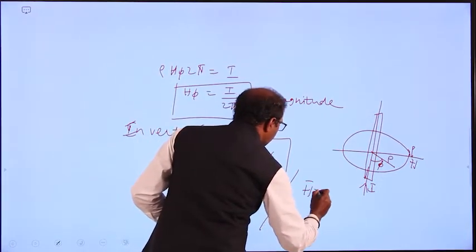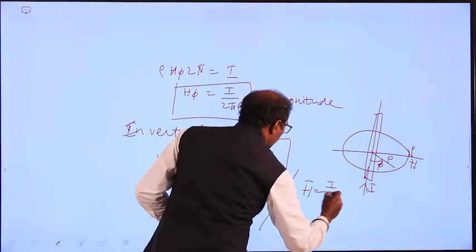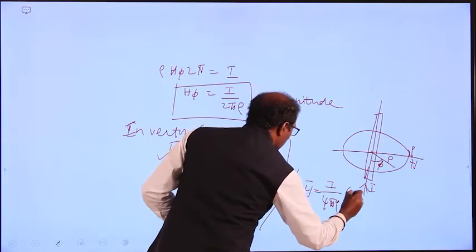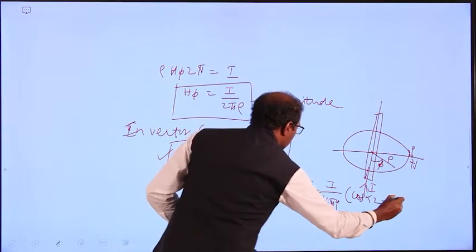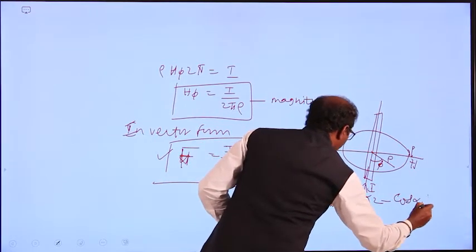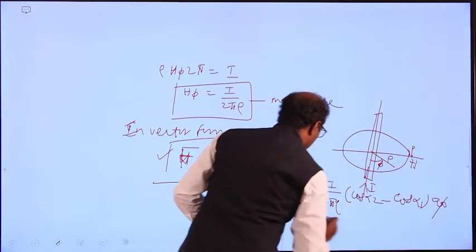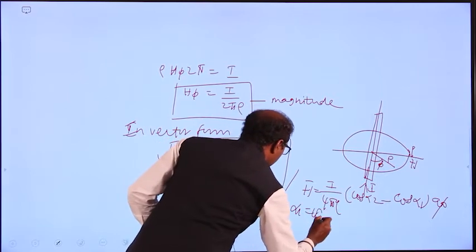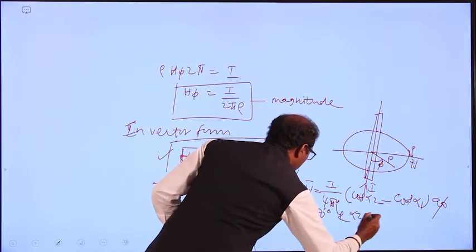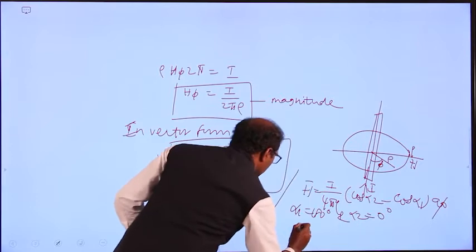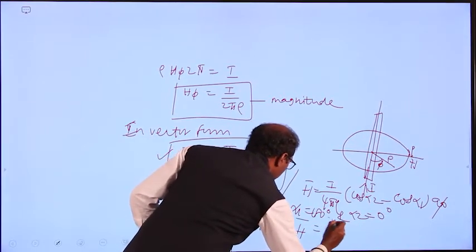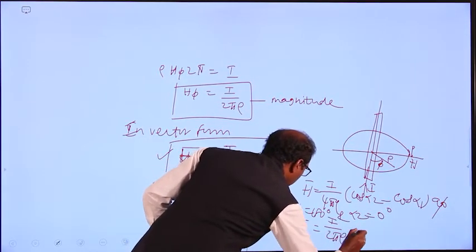H is equal to I by 4 pi rho times cos alpha 2 minus cos alpha 1, into a phi vector. Alpha 1 is equal to 180 degrees and alpha 2 is equal to 0 degrees. So H vector is equal to I by 2 pi rho into a phi vector.